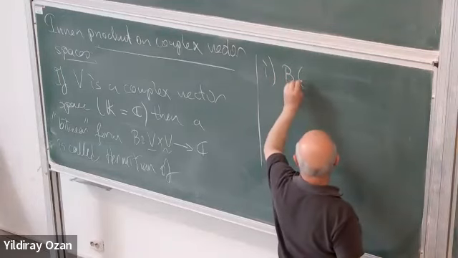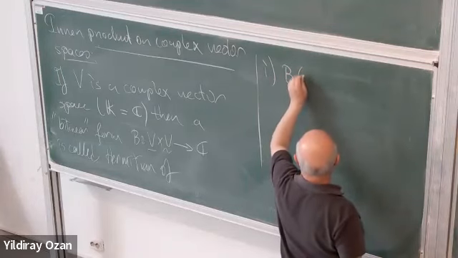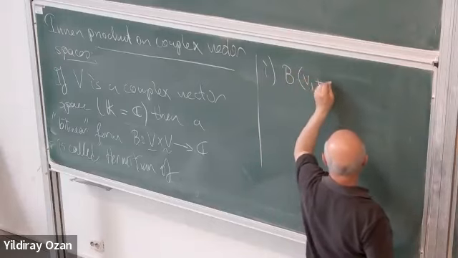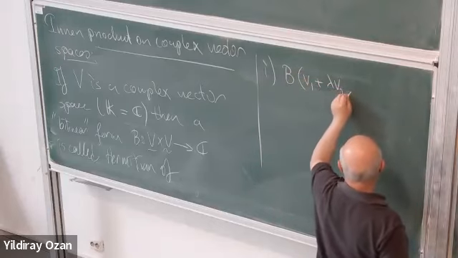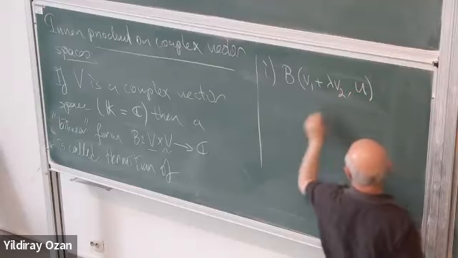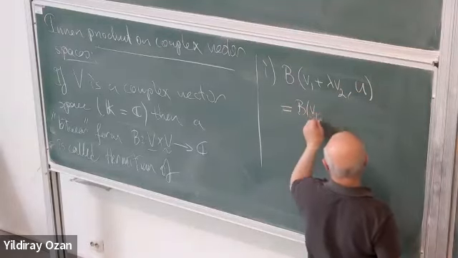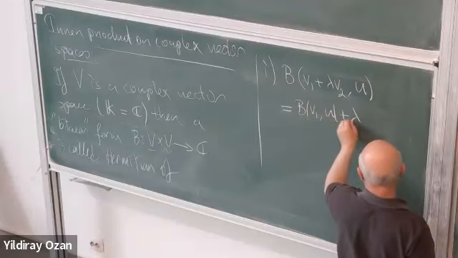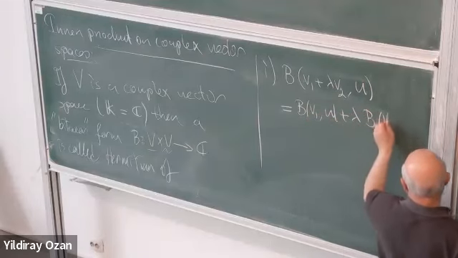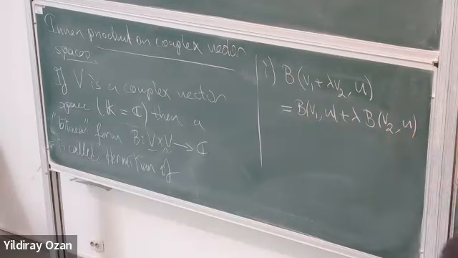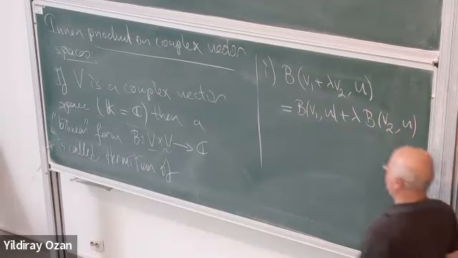So let's say (v1 plus lambda v2, u) is equal to (v1, u) plus lambda (v2, u). So it is linear in the first coordinate.